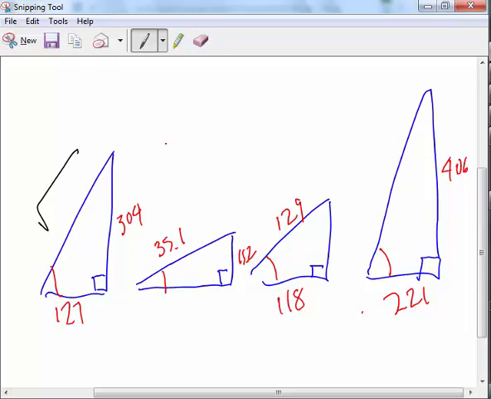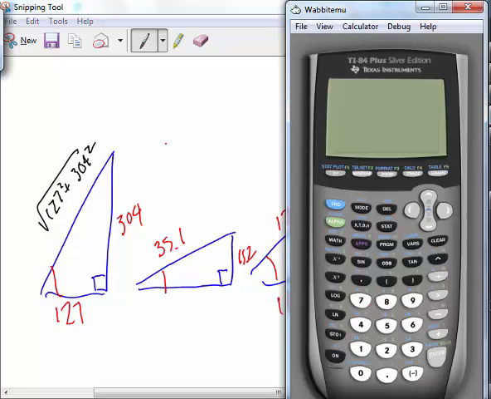This side is the square root of 127 squared plus 304 squared, which I can approximate.